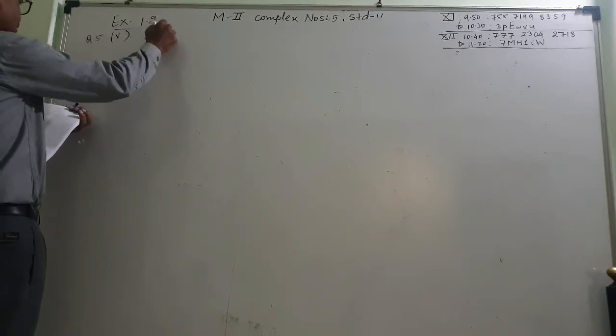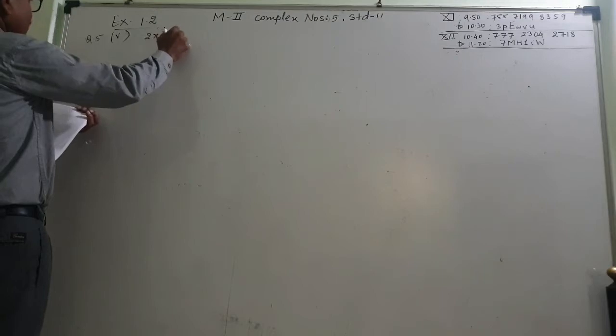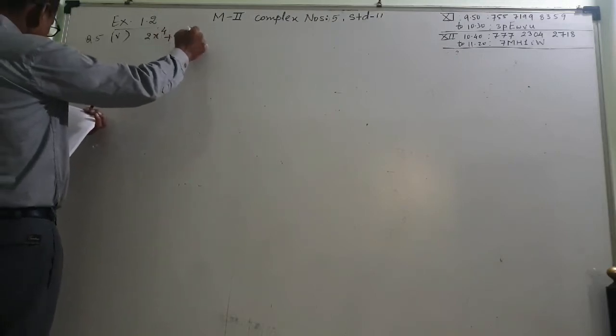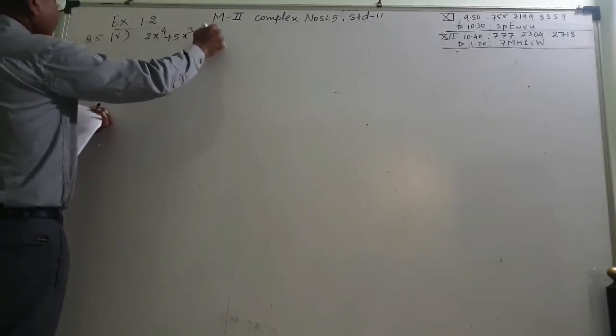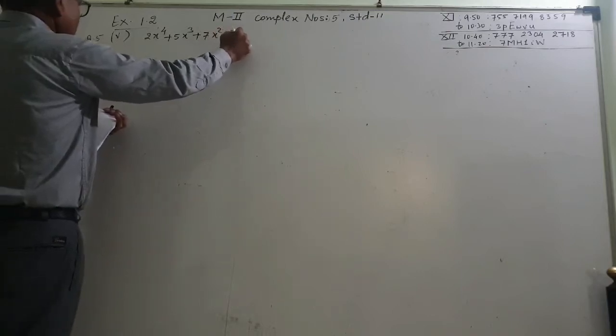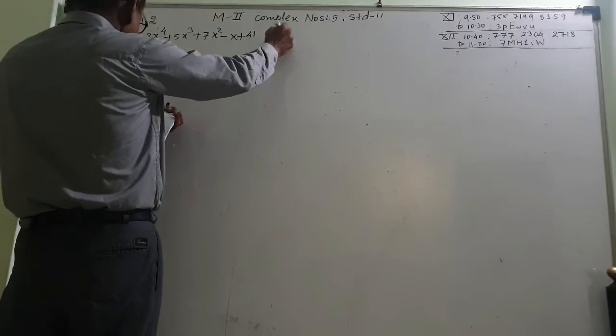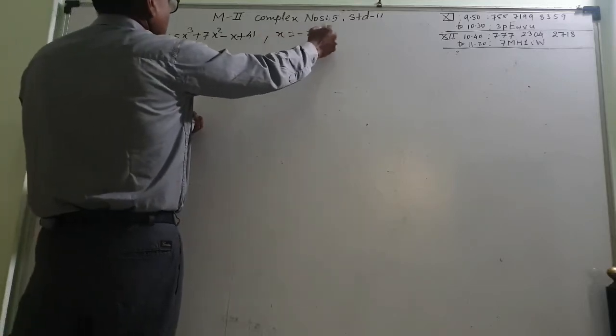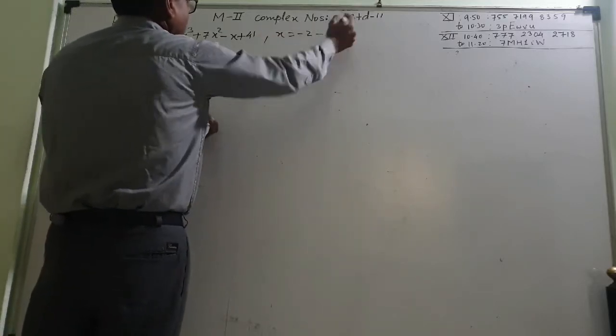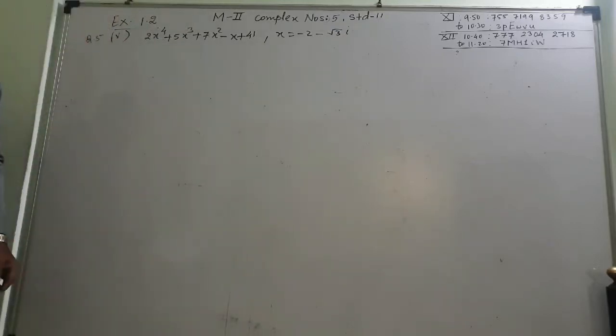2x raised to 4 plus 5x raised to 3 plus 7x square minus x plus 41, and if x is equal to minus 2 minus root 3i. So this also we will solve.